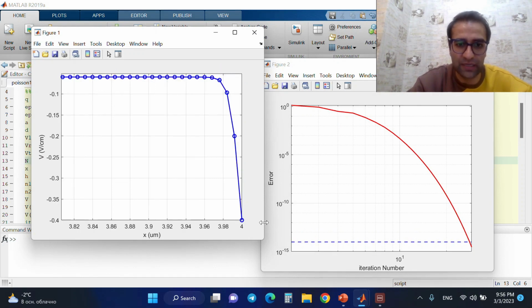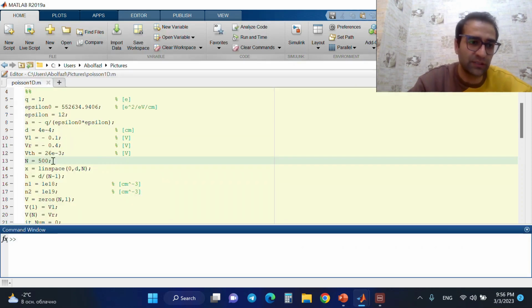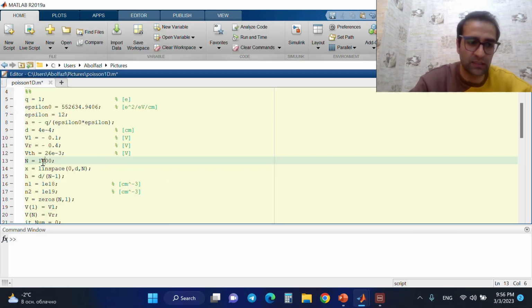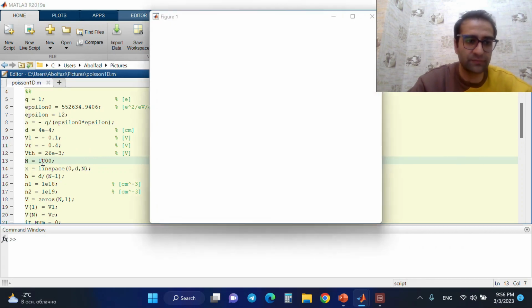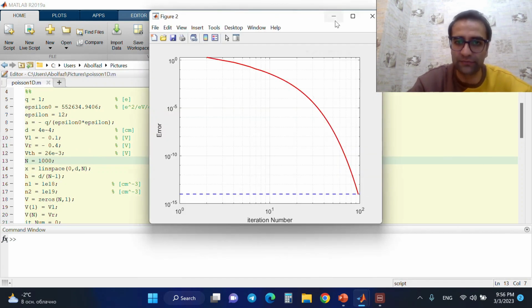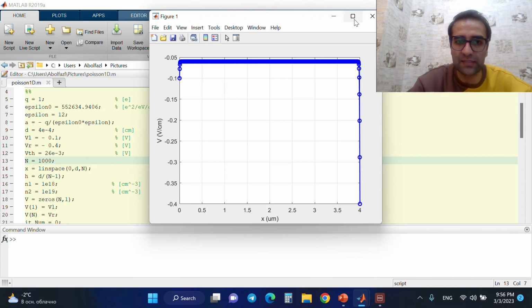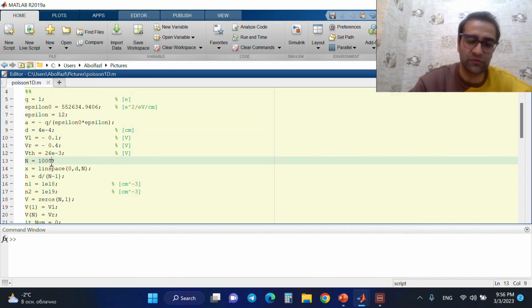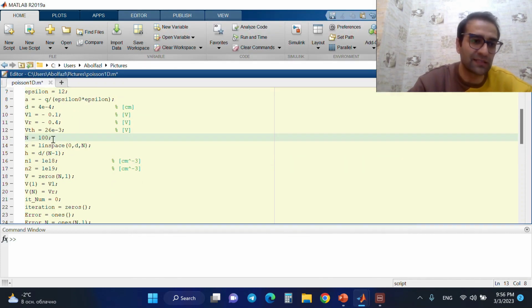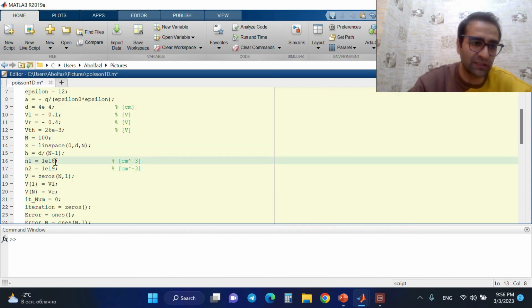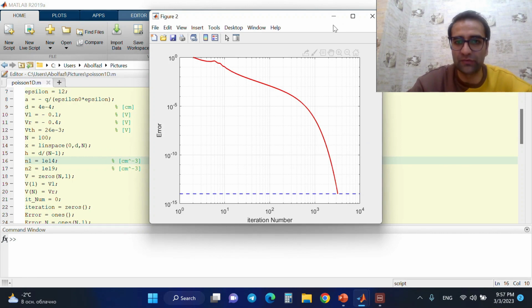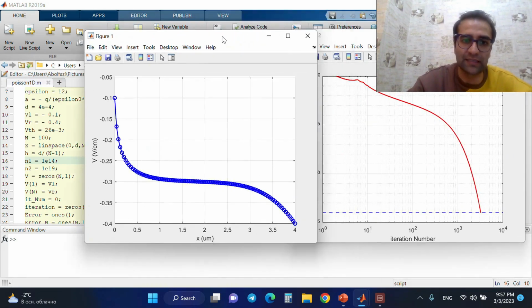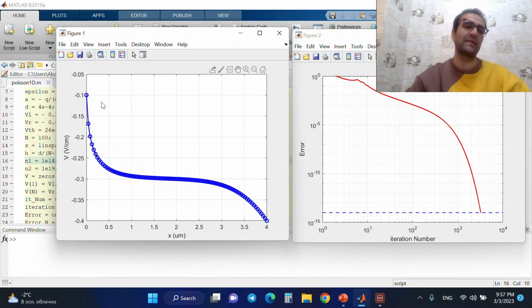If you notice, we have such a sharp change of the potential at the boundary, and again by increasing to 10,000, we have convergence, and it works for all doping densities. I just reduced N to 100, and you see it works for the whole range of N1. We have convergence, and this potential should be very close to the exact solution.